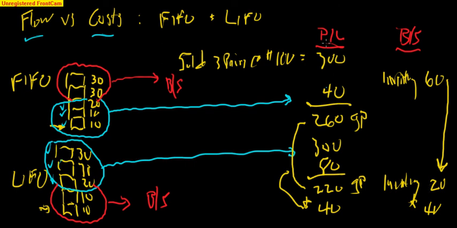Under FIFO, our gross profit is 260, a higher gross profit, and a higher inventory value. Under LIFO we have $220, a lower gross profit, but a lower inventory value. So the $40 difference appears in both places, on both the balance sheet and the income statement.